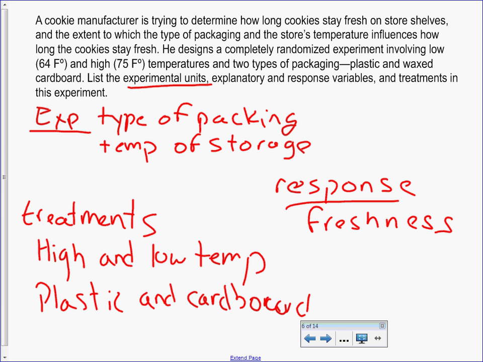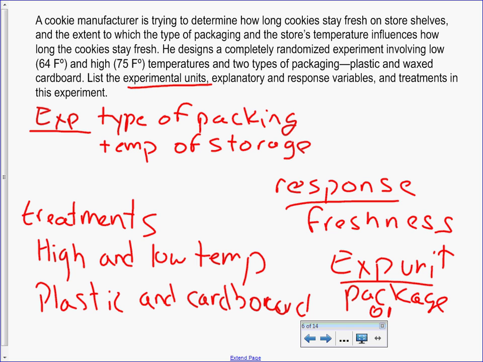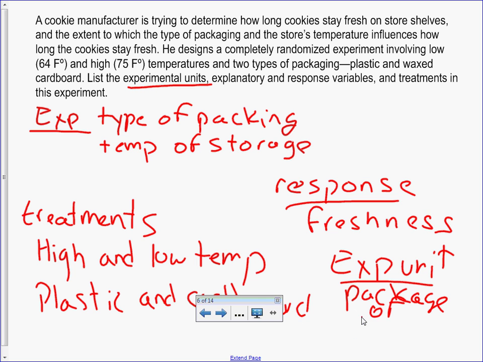And so the experimental unit is the package of cookies. It's not the individual cookie, because we're not doing the treatment to individual cookies. We're doing the treatments to different packages of cookies. And that's an important distinction.